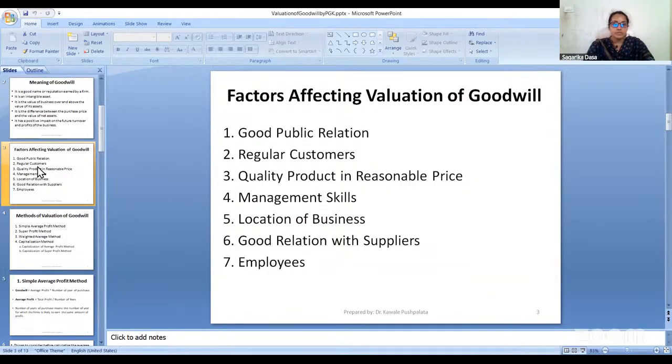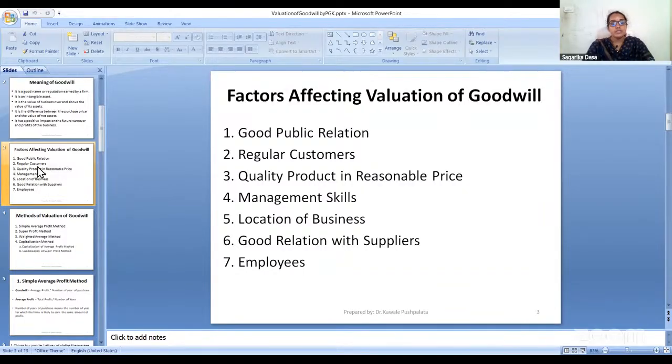Location of the business, where your business is located. If your business is located in a remote area, goodwill generation may be a little bit difficult. But if your organization is located in a prime area or metropolitan city, or a location where we can have a great number of customers, automatically the goodwill will be increased.